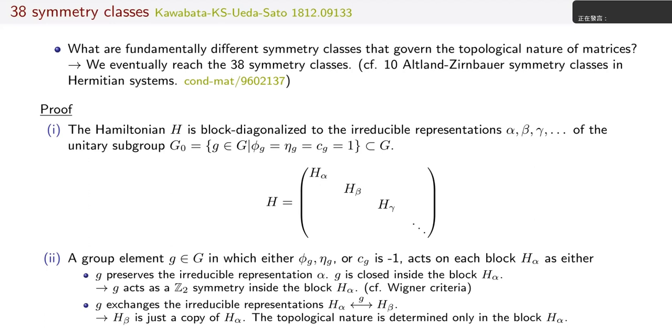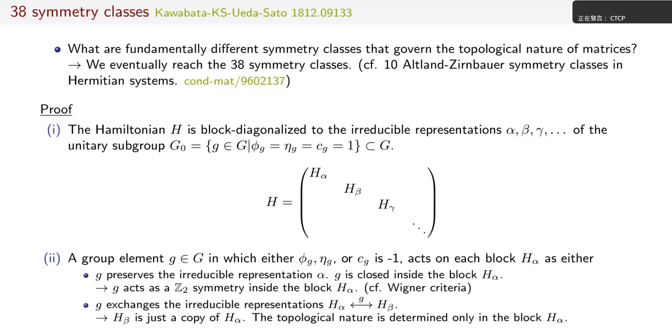Okay. So the properties, for example phi, eta, and c, could be different for different blocks. Is that correct? Different blocks? I don't understand. For example, I have a block H alpha and a different block H gamma, and they are not related.